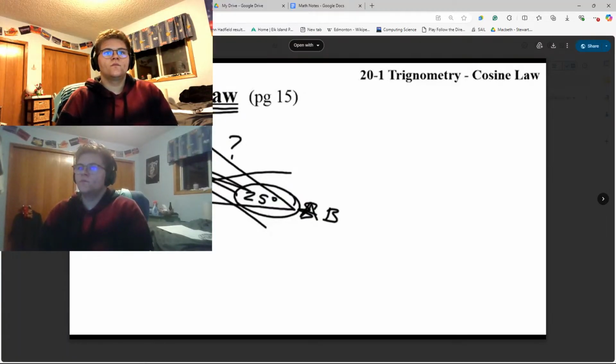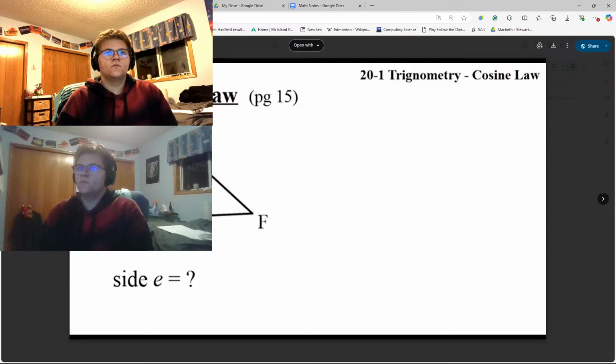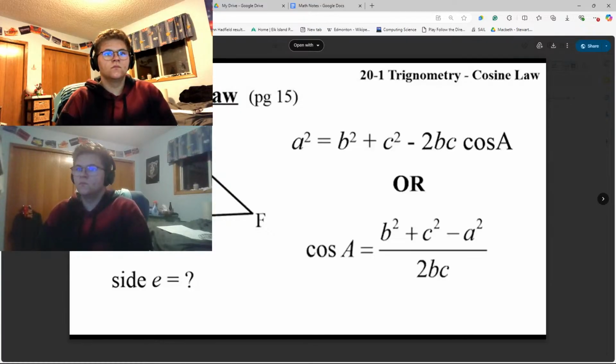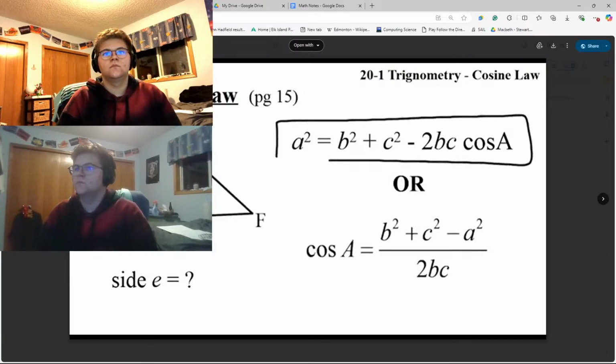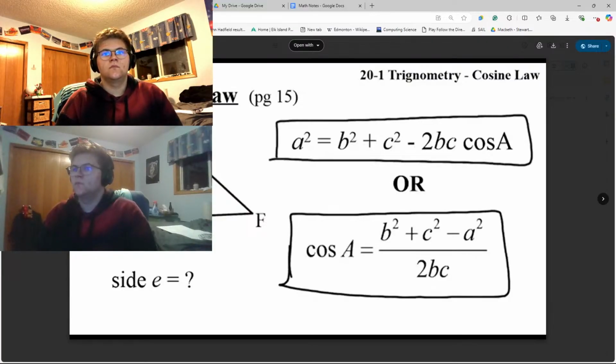It's recognizing the cosine law has to be used and understanding that we're looking at two different formulas to use. So the cosine law, if you can't use the sine law, has that formula or that formula to work with, which will always be given on a formula sheet to you.